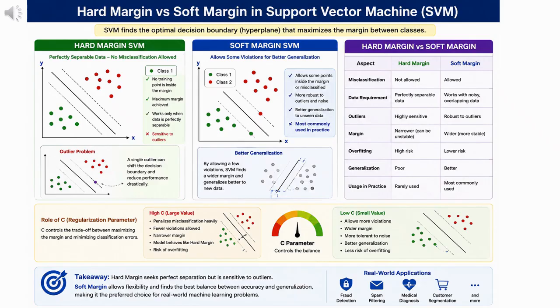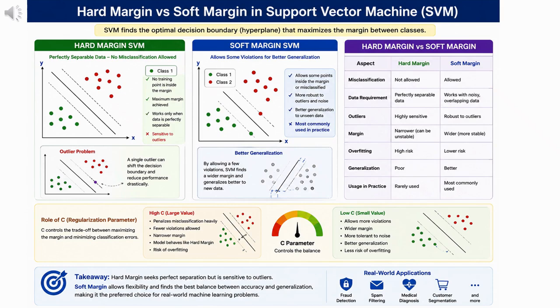A soft margin SVM, on the other hand, is more practical. It allows a few points to violate the margin or even be misclassified if doing so results in a better overall model. Instead of fitting every training point perfectly, it focuses on achieving the best balance between a wide margin and classification accuracy. The parameter C controls this trade-off.